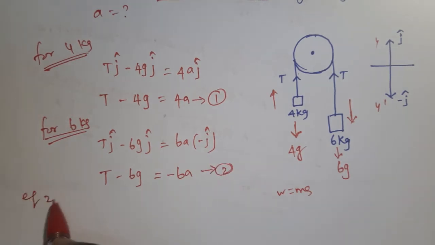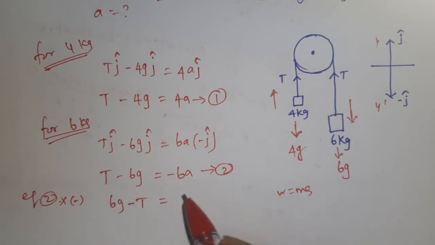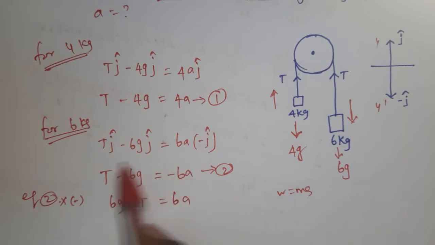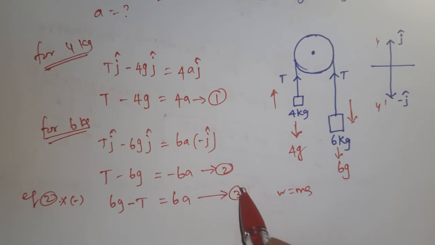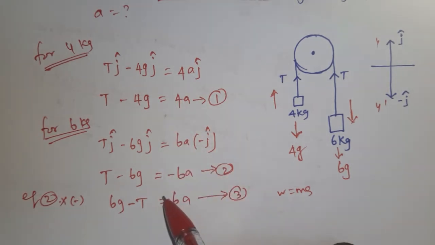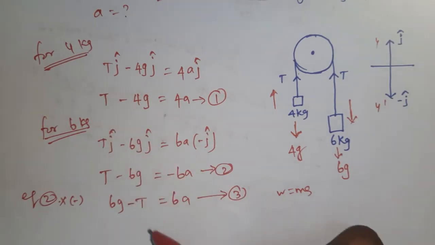Now equation 2 is going to be multiplied with the negative sign. If you multiply with the negative sign, 6g will be positive, T will be negative, equal to plus 6a. So we changed the sign of this equation. Let it be equation 3. Now we are going to add equation 1 and 3 because we want to find the a. To find the a, the T should be cancelled.